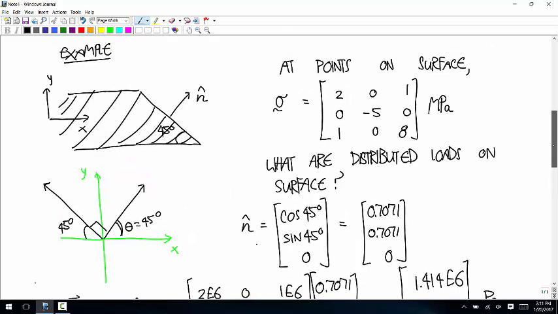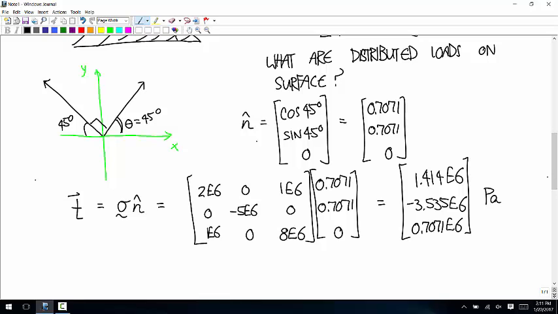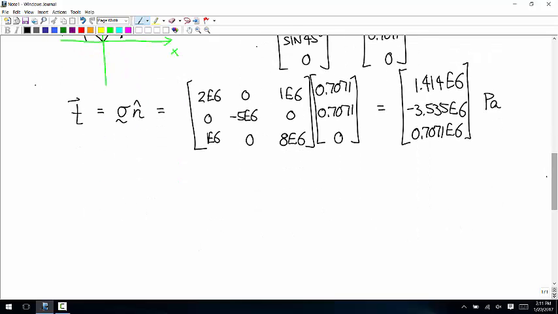If we somehow know that this is the stress tensor for points on the face, that means that these have to be the components of traction on the face. That has to perfectly describe the loading on that face. Okay. Any other questions about that?